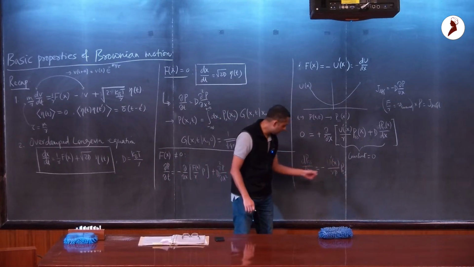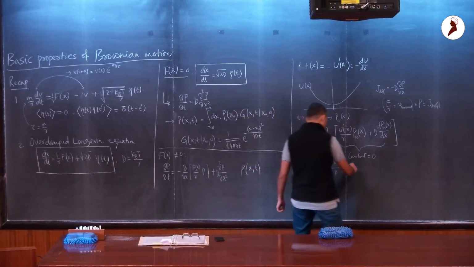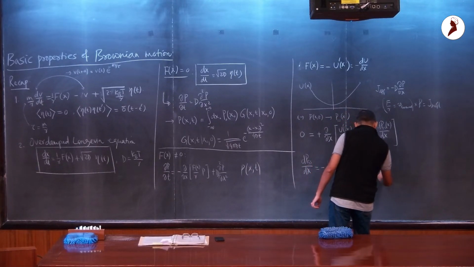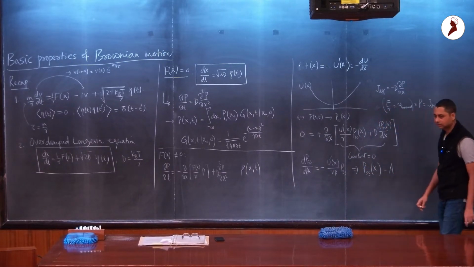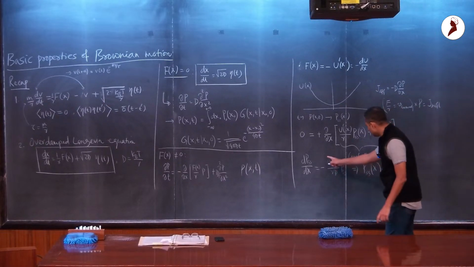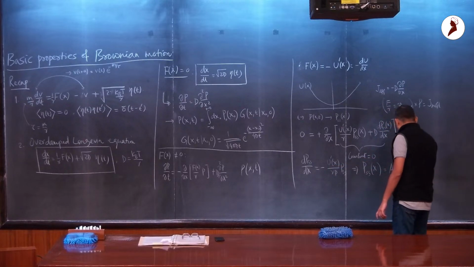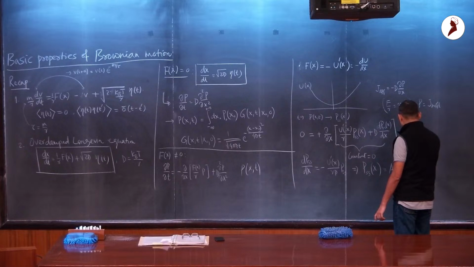I can take p here, dx there, and I can just integrate this one. Right? So the solution is that p steady state of x is some constant times the exponential of the integral of this guy, right? Which is exponential of minus, if I integrate this one, U of x by gamma D.